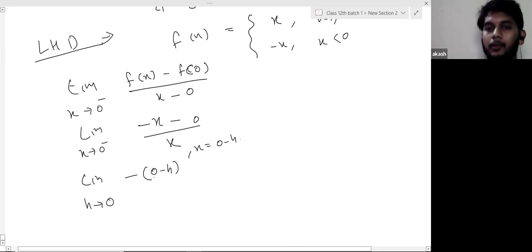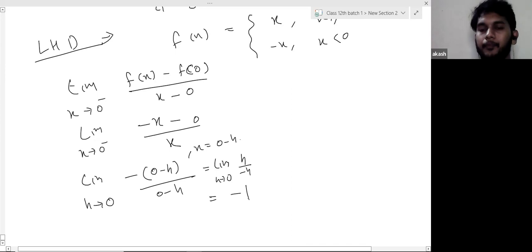So h will be tending to 0, 0 minus h, minus 0 we can leave, and this is also 0 minus h. So finally we have limit h tending to 0, this is plus h upon minus h, which is equal to minus 1. This thing is clear or not? Yes, sir.